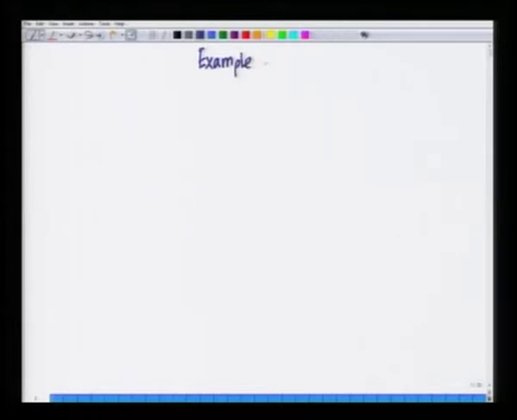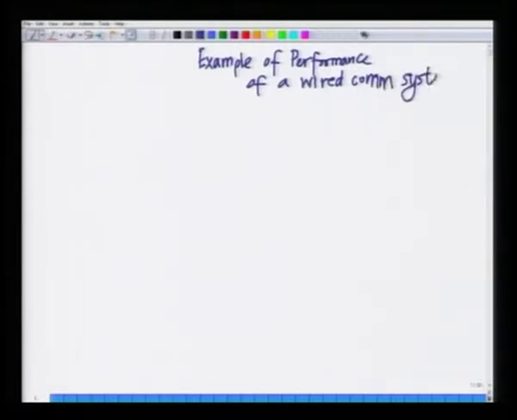Another example of performance of a wired communication system.